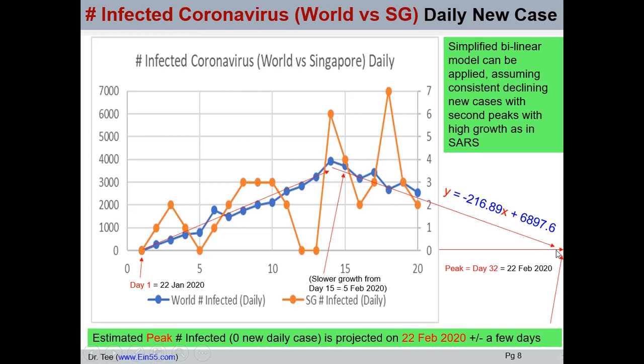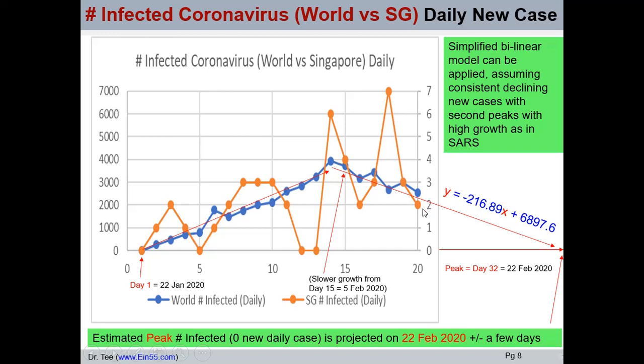It means the ideal peak will be around day 30, 32, or the 32nd day counted from the 22nd of January. And this day is estimated to be the 22nd of February, 2020. Of course, this is an assumption that there are no second peaks, meaning the growth rate will consistently go down and will not go up anymore.